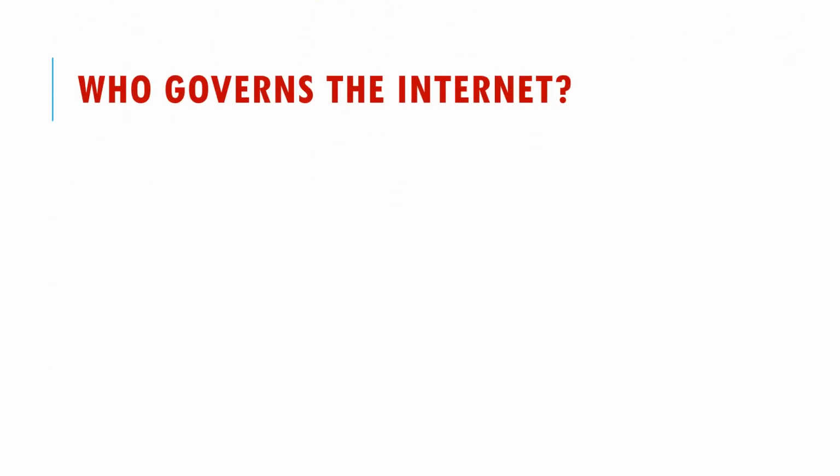Next topic is who governs the internet. As we are aware, the internet is not governed by any one person or organization. That means there is no governing body of the internet. There are some bodies or organizations who work together for smooth functioning of the internet. So these groups are, first one is the Internet Activities Board.